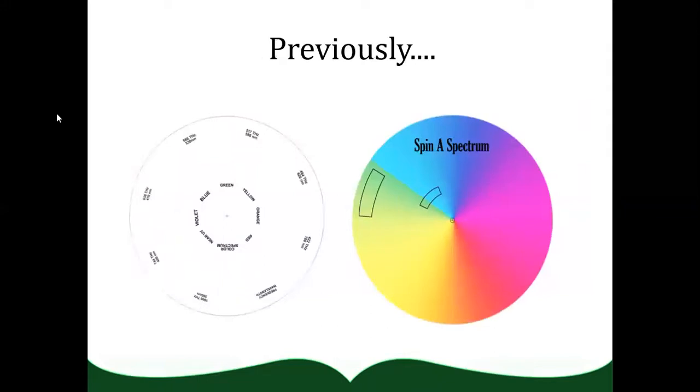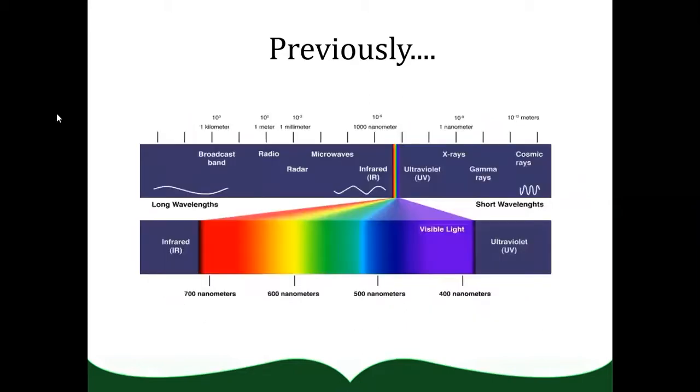You were able to compute for the speed of each component of light by using the frequency and wavelength of each color. You were able to describe that visible light is the only electromagnetic wave in the electromagnetic spectrum that can be seen by the human eye.